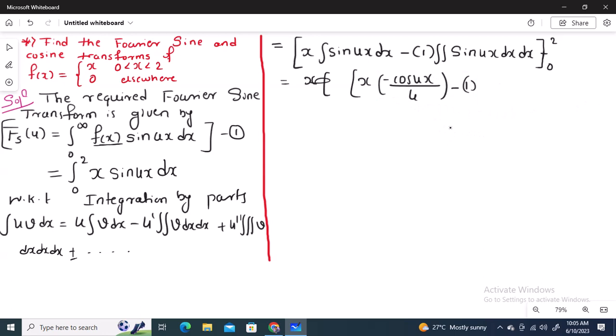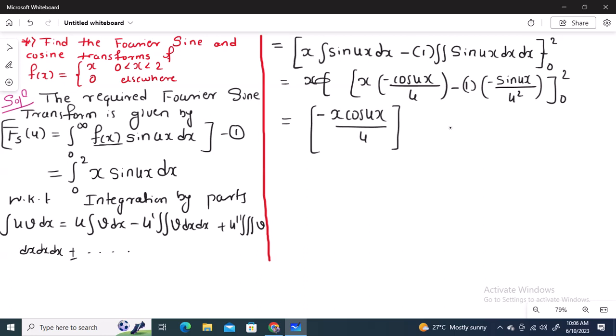Cos becomes plus sine only, therefore minus into plus is minus only. Sine ux, we have one more u when we integrate two times, between the limits 0 to 2. So what happens if I simplify this further? That is minus x cos ux by u.